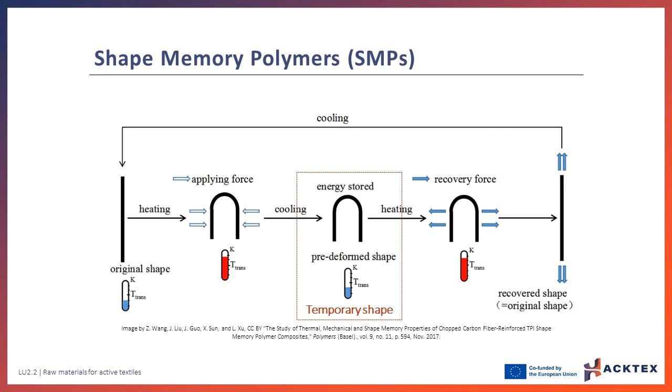The hard segments are those capable of retaining the original shape, whereas the soft segments fix the programmed temporary shape by glass transition, crystallization, or reversible bonds. Therefore, shape memory polymers are able to shift from the temporary shape to the original shape when heated, since the soft segments are deactivated so the hard segments can act. Shape memory polymers can be used as actuators in smart textiles.